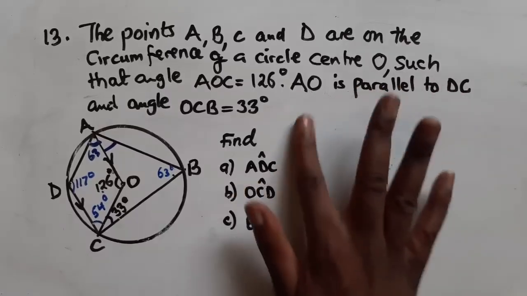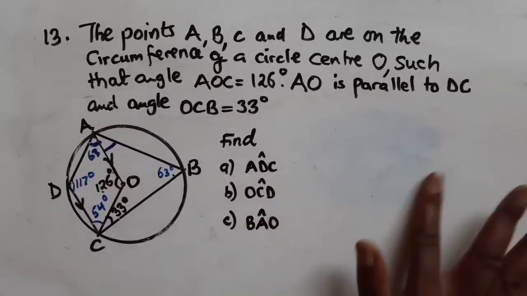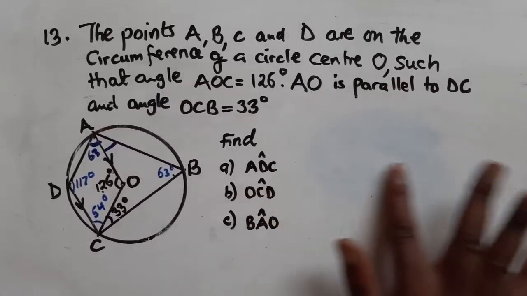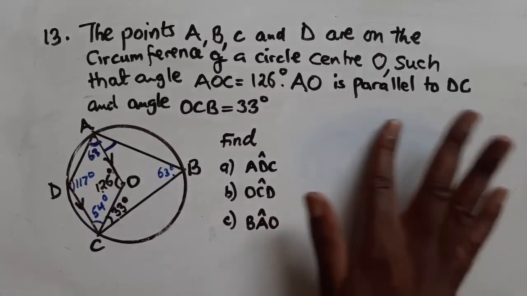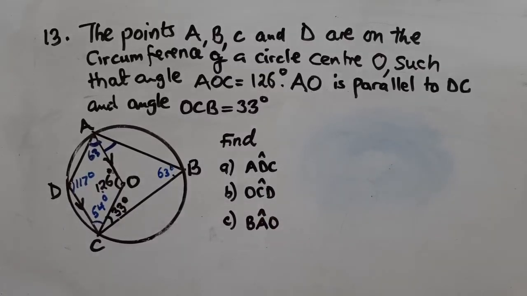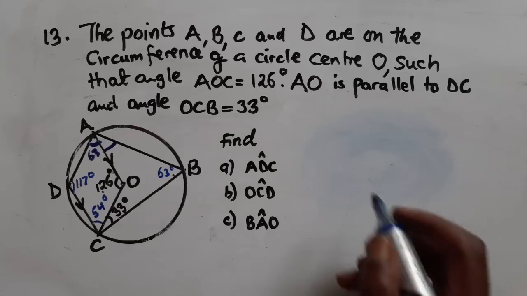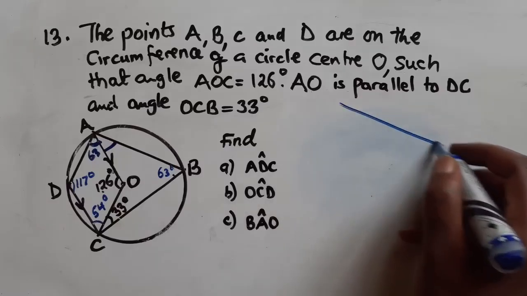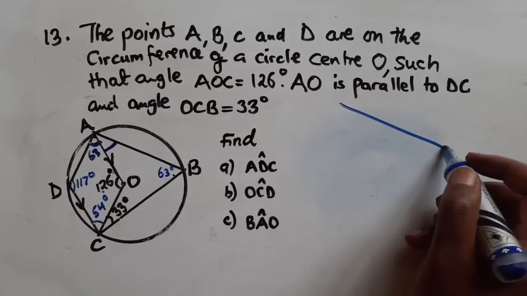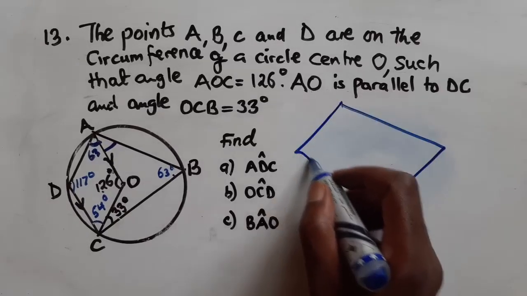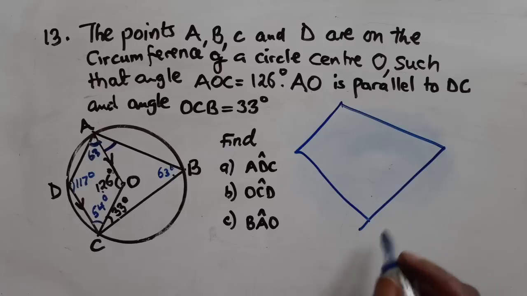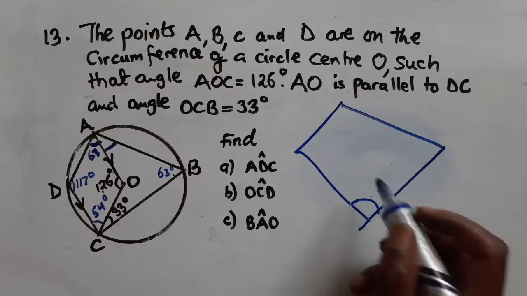For me, I'm finding all the angles. I'm not paying attention to what they have asked you to do because I'm helping you to revise. That is my attention also. So what angle do we have here?